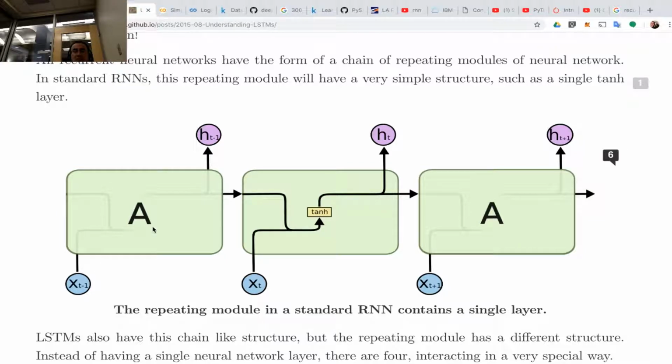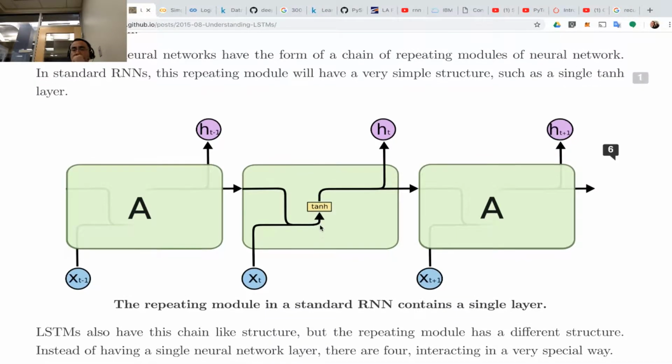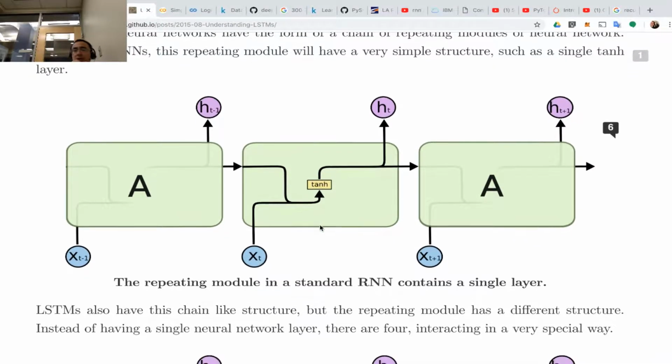So x goes to A. The repeating module in a standard RNN contains a single layer. So there's a tanh. Okay, this is the squashing function.